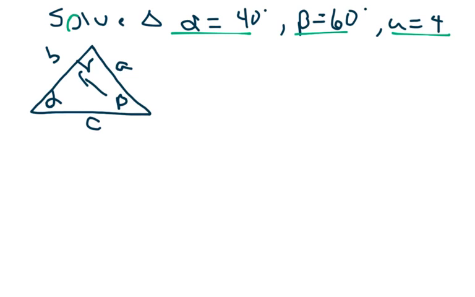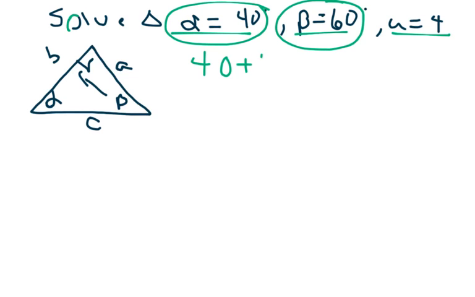Then all we're going to do is find, can we find gamma right away? Since we already have two angles, we know this adds up to 180. So 40 plus 60 plus our gamma, these are all degrees, should equal 180.